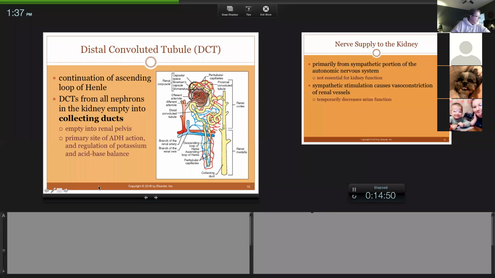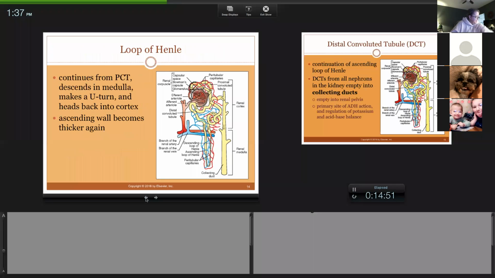Now, I want to mention something too, because when you get into pharmacology, I'm going to back up to the loop. There's a group of drugs that we can give patients called loop diuretics. And a diuretic, again, is usually forcing water out, making them urinate, making them lose body water.